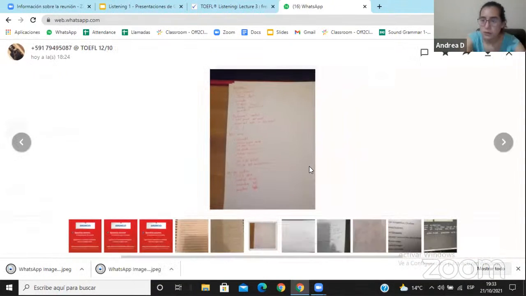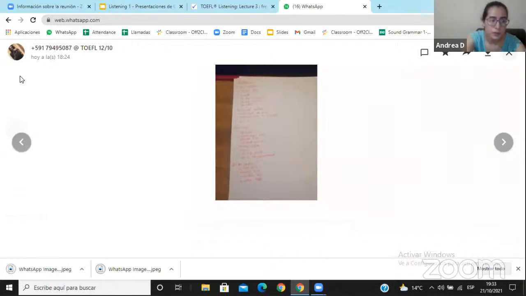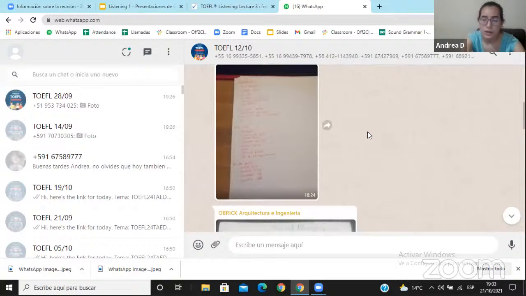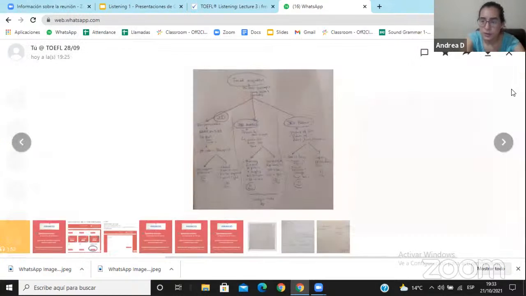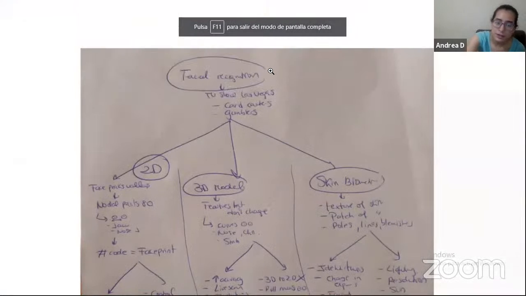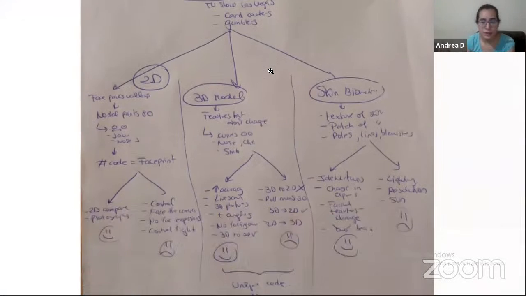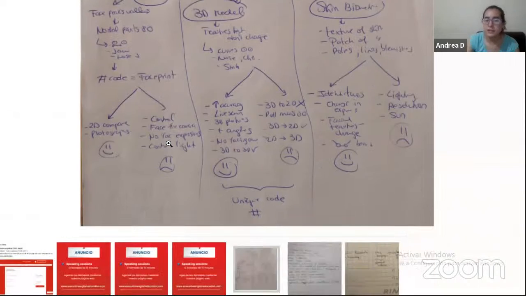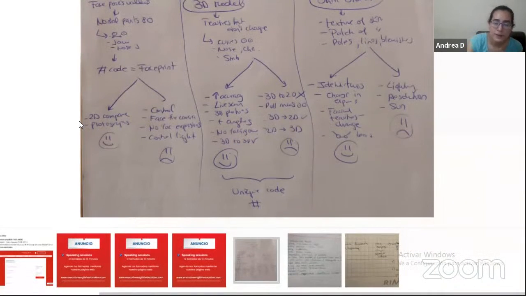Mine is very similar. I tried to make it as visual as I could. I have the intro here, the example, and then the 2D, 3D, and scheme biometric models, with their definitions and explanations, and then the advantages and disadvantages of each one, with happy and sad faces. So just try to make it as visual and as organized as you can, and that's going to help you a lot.